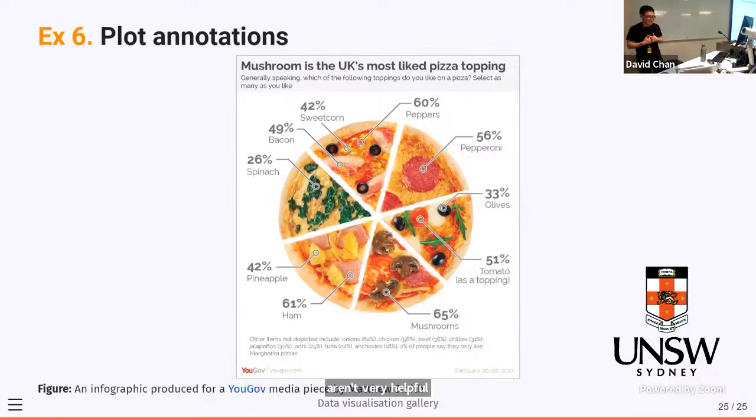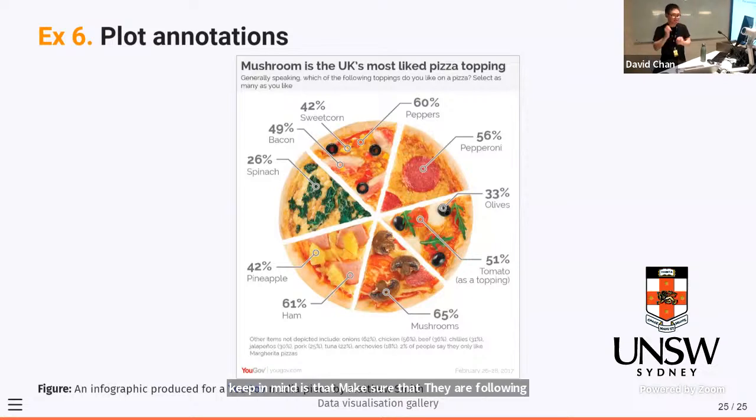So if you do annotate your plots, some things to keep in mind: make sure that they are following intuitively what your viewers will interpret them as. Don't just give it to your colleagues, give it to other people and ask, if I annotate the plot like this, do you interpret it the same way as I do?